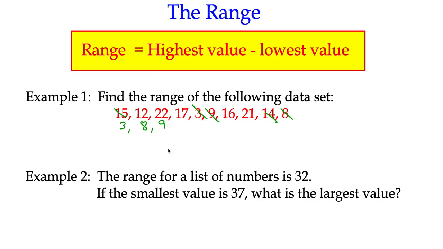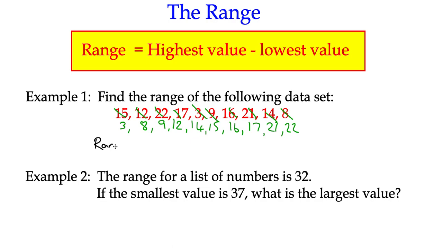So I've got 12, 14 and 15. I've got 16 and 17 and 21 and 22. That's 10 pieces of information: 1, 2, 3, 4, 5, 6, 7, 8, 9, 10. Good. I'm quite confident I've got them in the right order, which means I can work out the range.